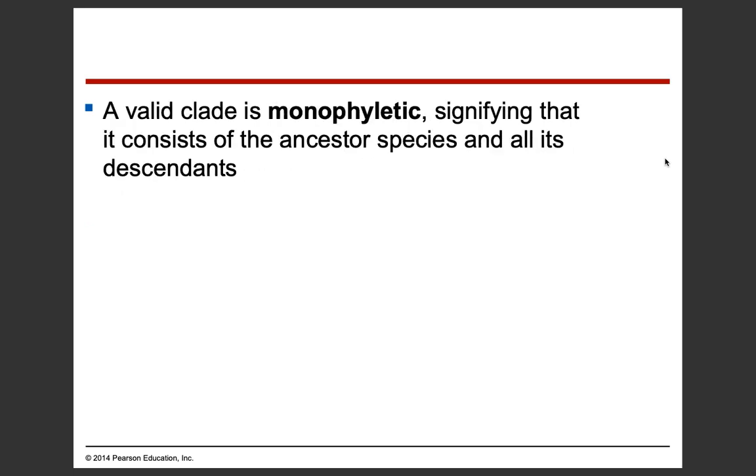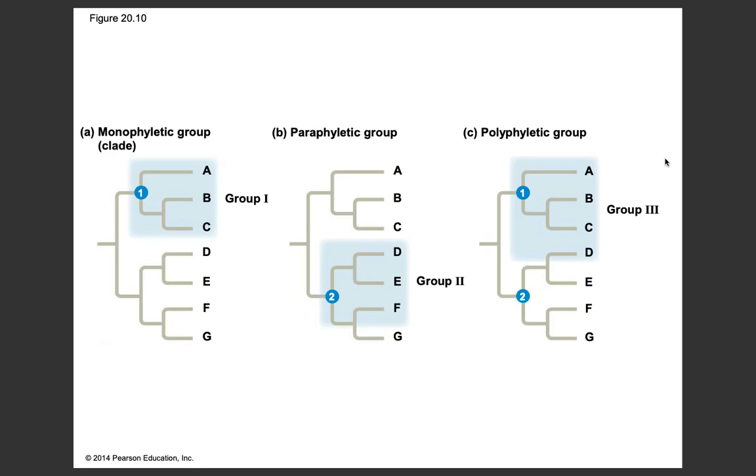So a valid clade is a monophyletic clade, and it's signifying that it consists of an ancestral species and all of its descendants. So that is a monophyletic, that is one clade. This is what they look like here. So you have a monophyletic clade, you have a paraphyletic group, and a polyphyletic group. Looking at monophyletic, it has the ancestral species, right? This whole thing would be like a phylogenetic tree, we'll say.